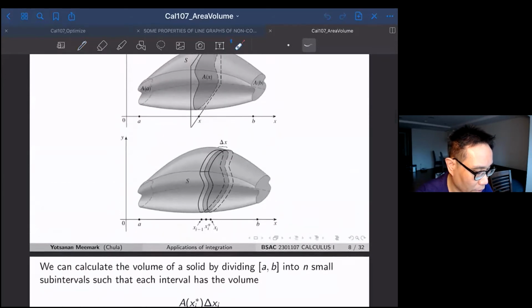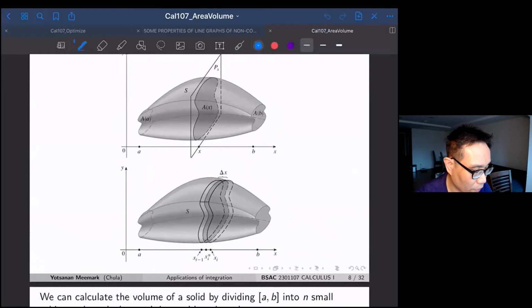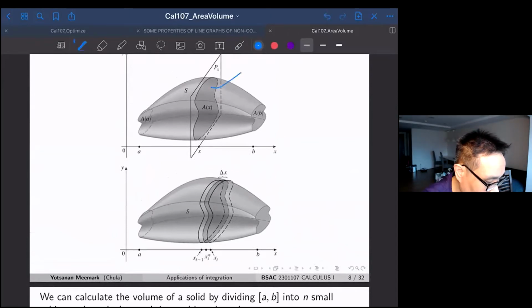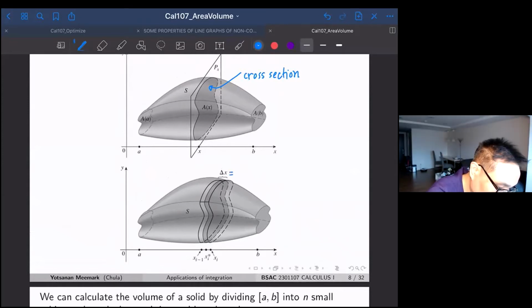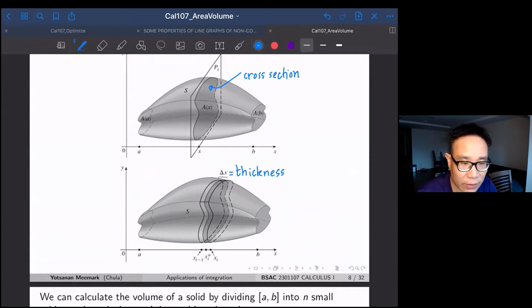This one is going to be the cross section, and delta x_i is the thickness of each piece.